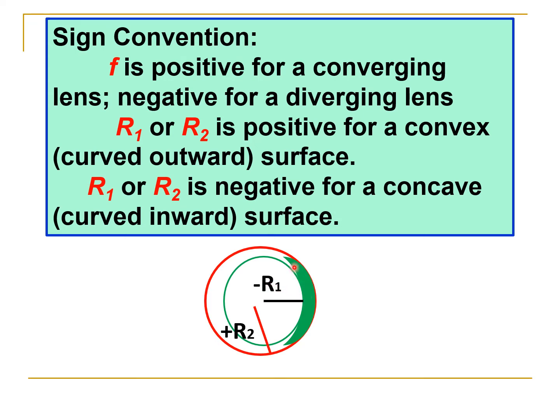And since it is a concave surface, we say that the R value, R1, is considered negative. Now, the other surface, the one facing to the right, is convex, whose imaginary circle is represented by the red circle, whose radius is represented by R2. And since it is convex, its radius of curvature is treated as positive.